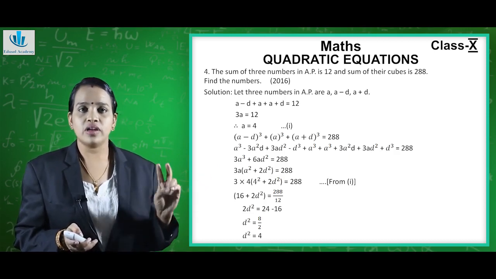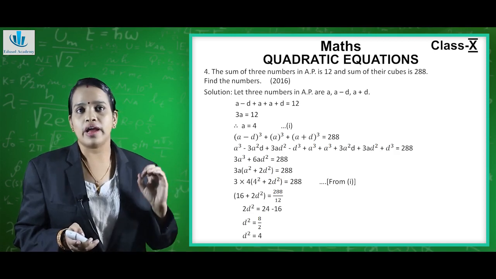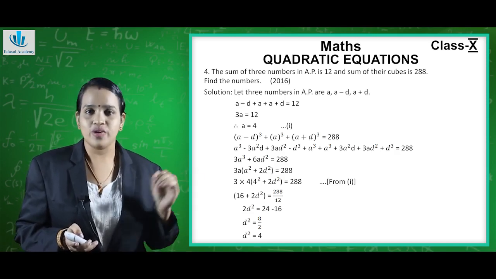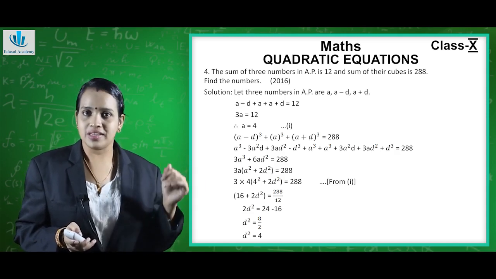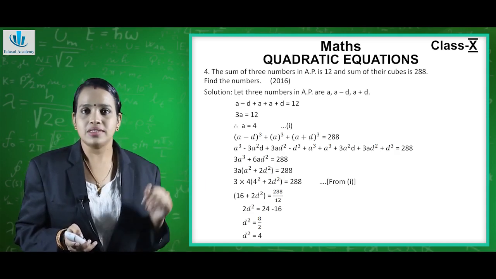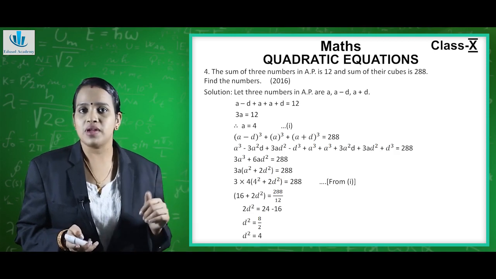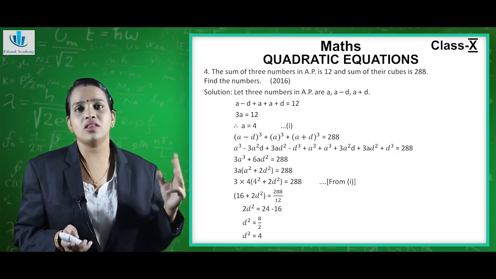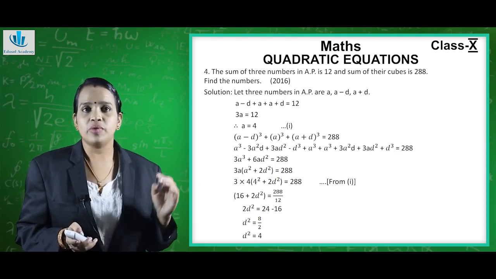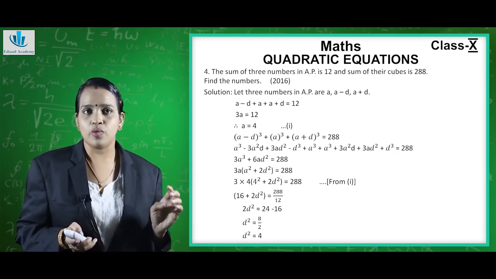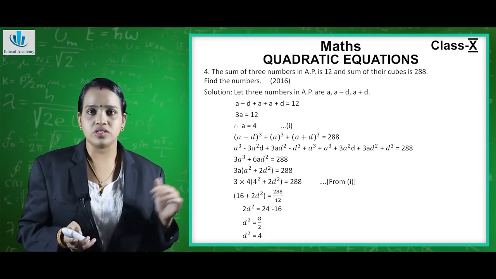Now it is said that when the numbers are cubed and added, the sum will be equal to 288. So we will cube them. It becomes (a minus d) whole raised to 3 plus a raised to 3 plus (a plus d) whole raised to 3. That means all three numbers of the AP are cubed and when we add them, it is equal to 288, as given in the question.